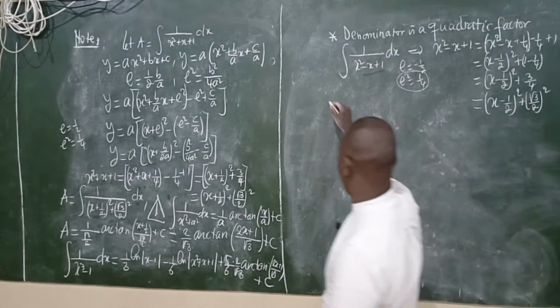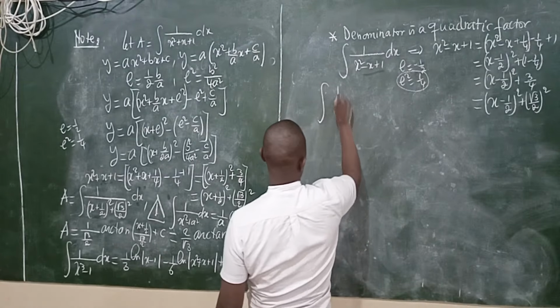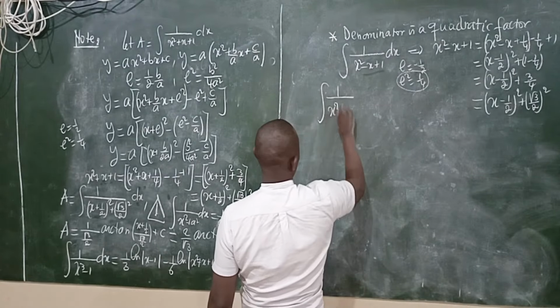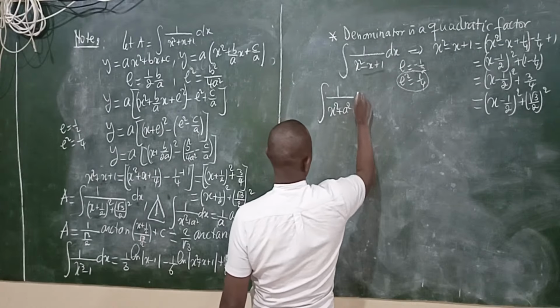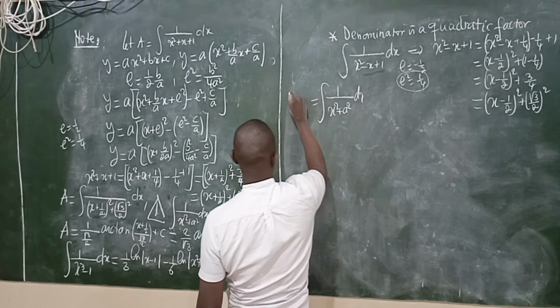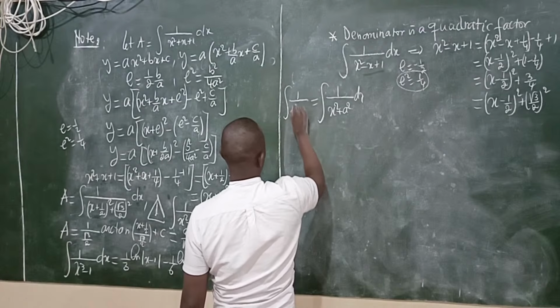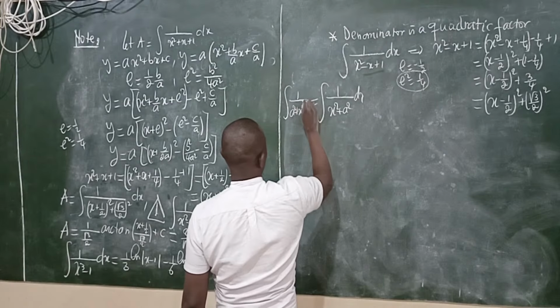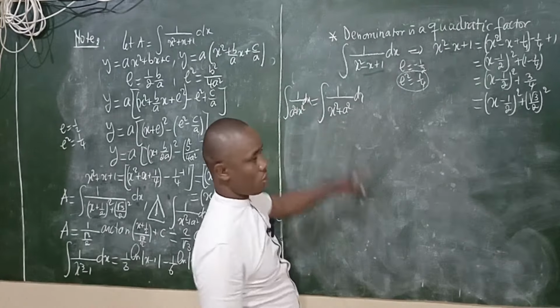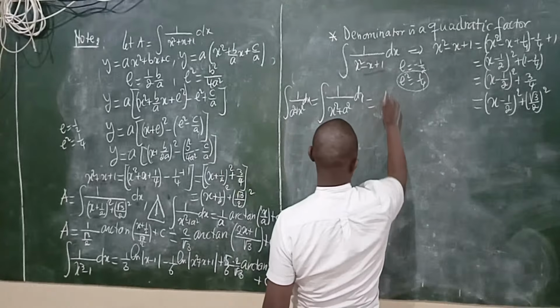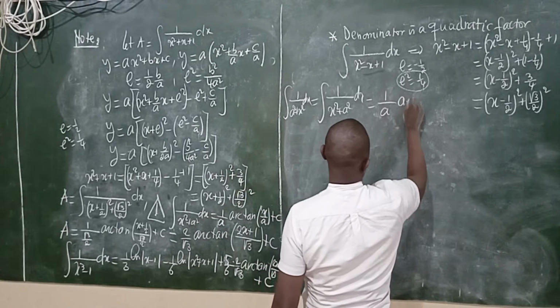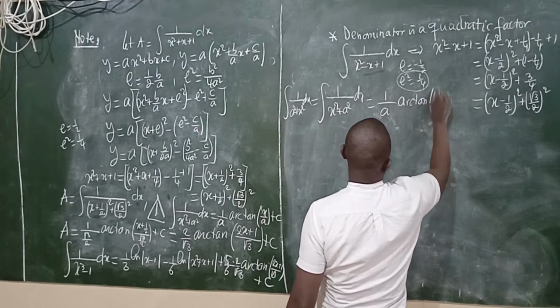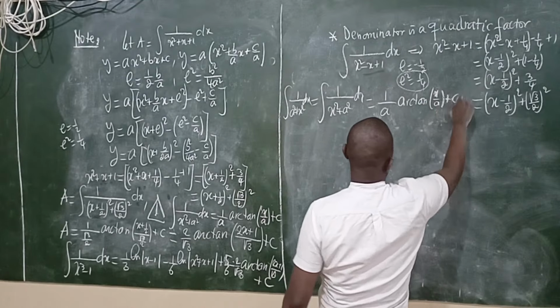So I recall this: the integral 1 over x squared plus a squared dx is the same as the integral 1 over a squared plus x squared, because addition is commutative. This is a reciprocal of a times arctangent of x over a plus c.